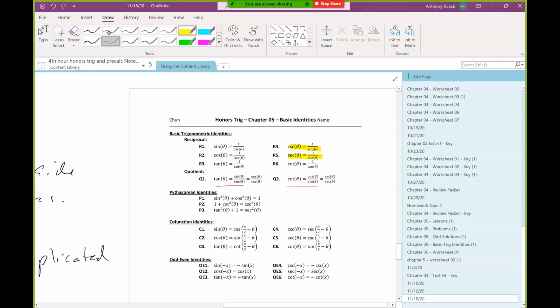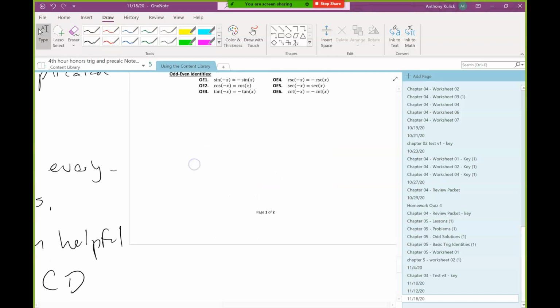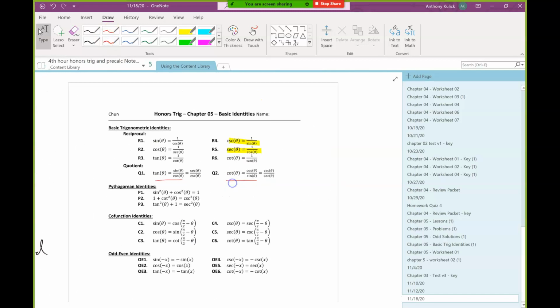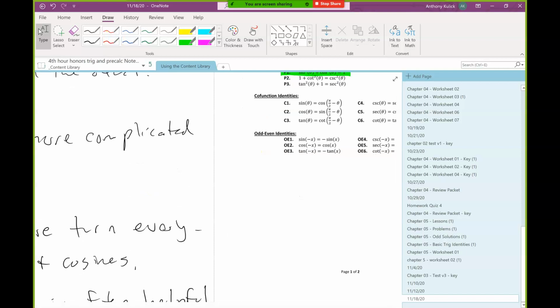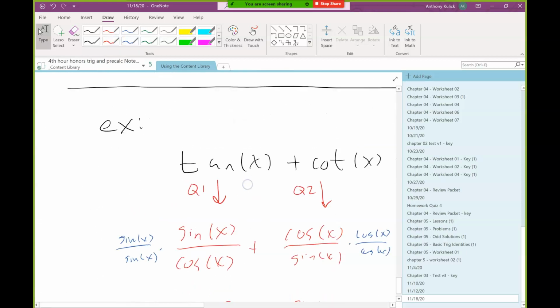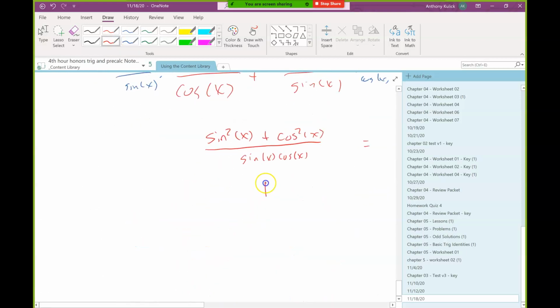What I need to worry about is getting rid of the numerator. So let's go back and look here. Remember, my numerator was sine squared plus cosine squared. And I have an identity for that. Right? Sine squared plus cosine squared is 1. So that's what I'm going to do next. Using P1, sine squared plus cosine squared is 1.